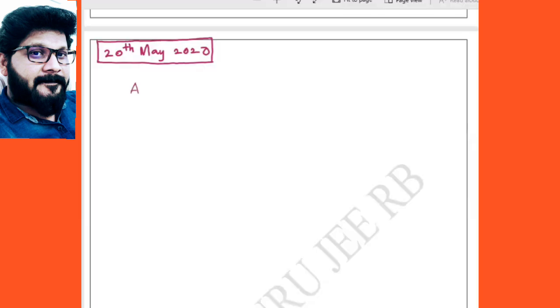A ball is thrown with 50 meter per second at an angle of projection 37 degrees.